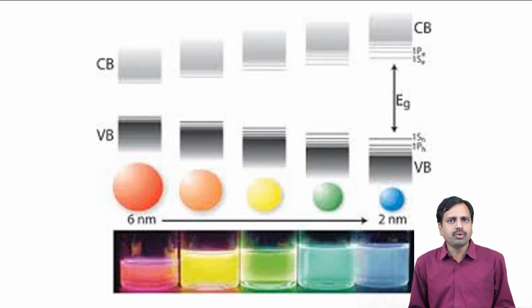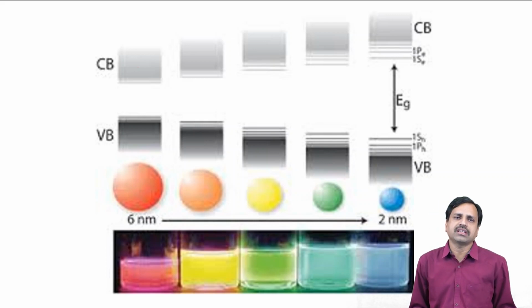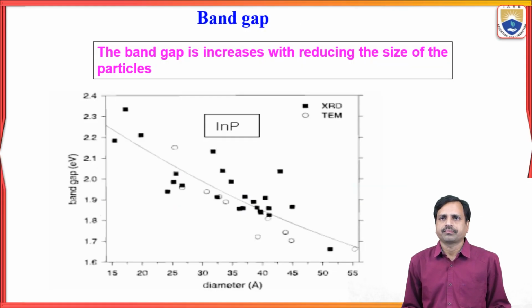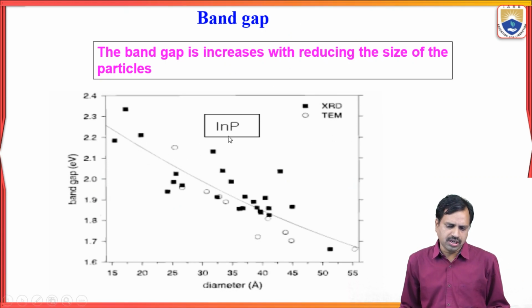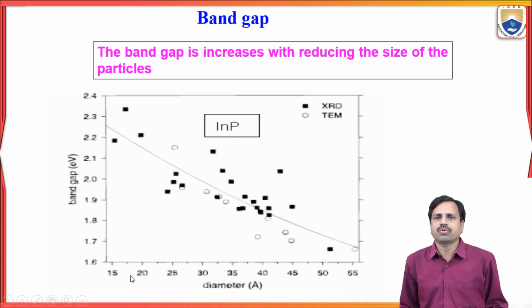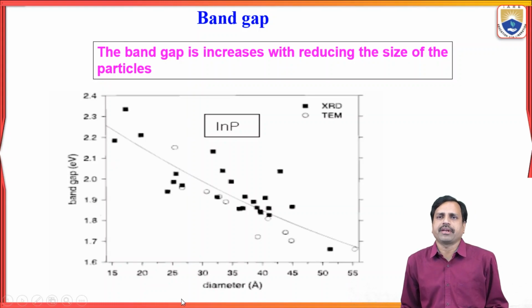From this we can conclude that if any material is brought down to the nano size, its conductivity can change. This is how the changes occur. Suppose we take a graph, plotting diameter on the x-axis and band gap energy on the y-axis.